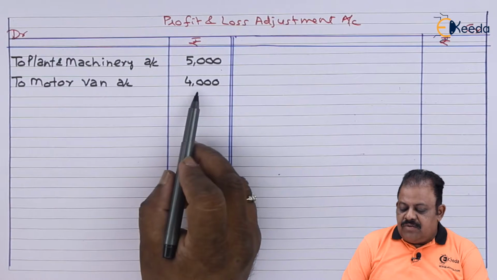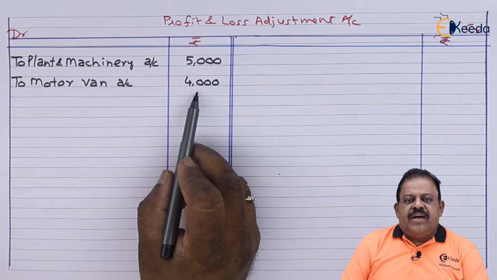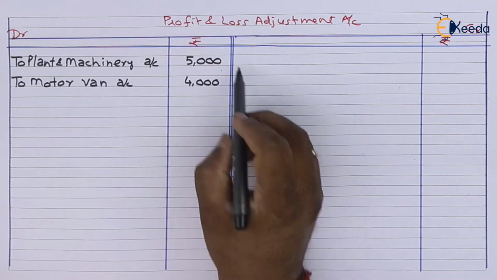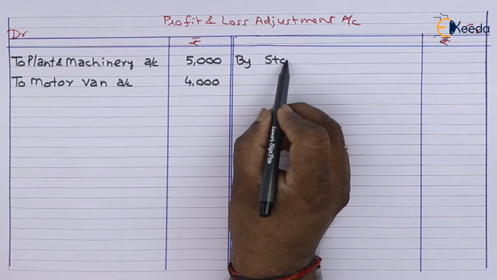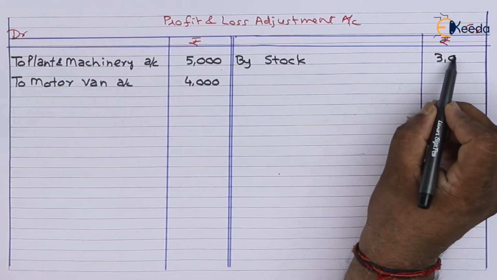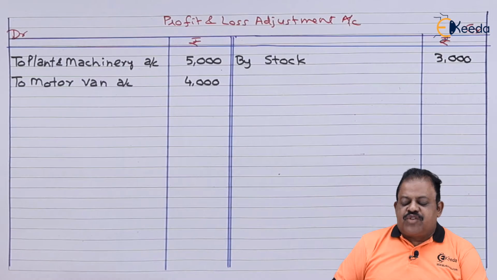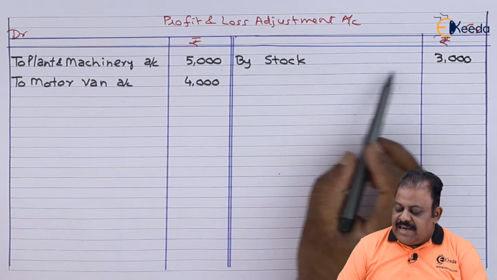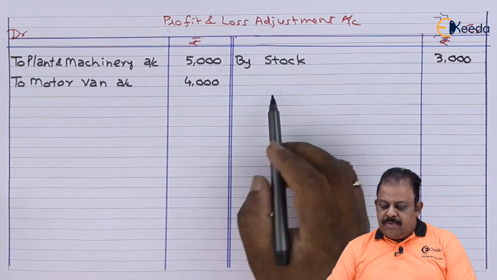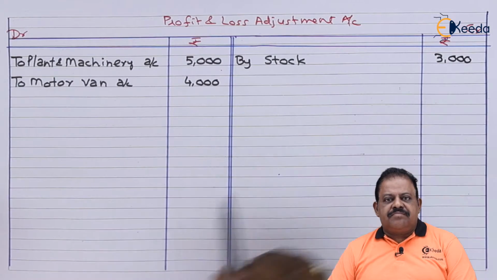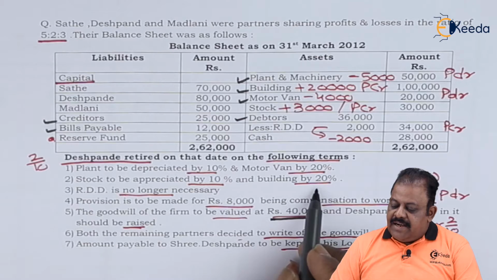Depreciation of motor van 4,000, profit and loss adjustment account debit. Appreciation of stock, profit and loss adjustment account credit, by stock 3,000. Building appreciated by 20%.